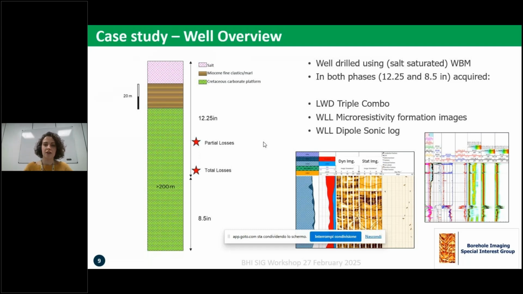And in this section, we acquired LWD triple combo for the formation evaluation, the standard formation evaluation, the resistivity formation images, and the dipole sonic log, which provided important information regarding the anisotropy and open fractures.